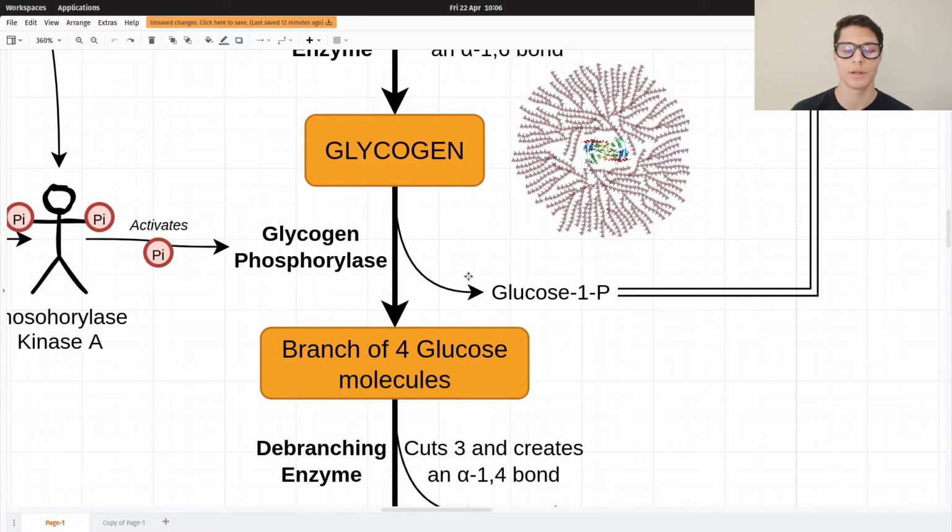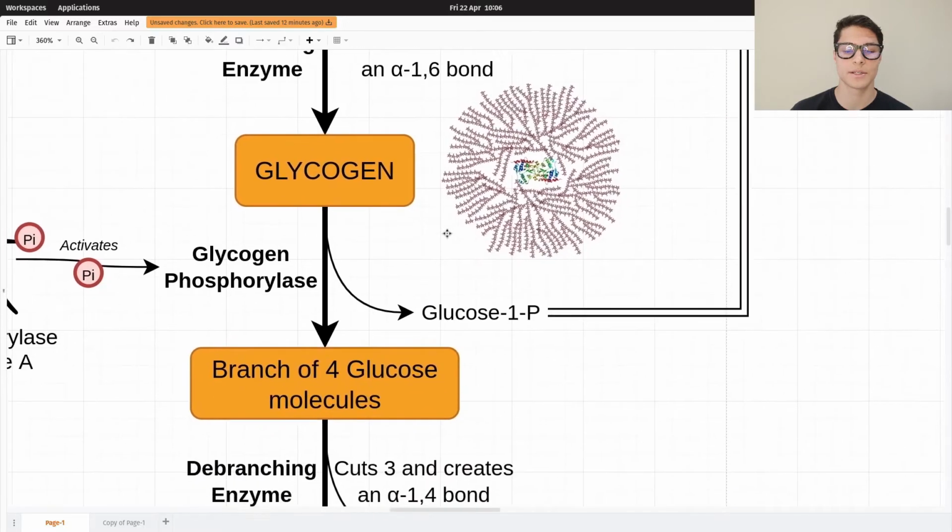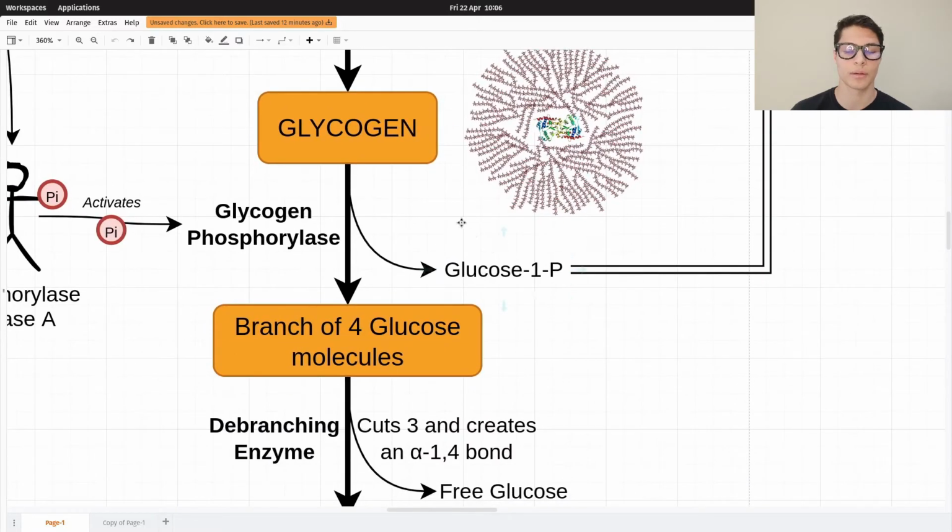And what is it releasing? Glucose 1-phosphate, because it's replacing the bond on carbon 1 of the glucose with a phosphate. And this detaches the glucose from one another, breaking down the branches.